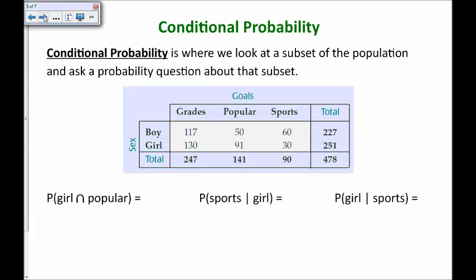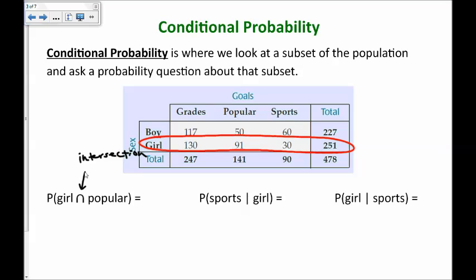Now we can look at some questions about this data. The first one we'll look at is girl intersect popular. This symbol is the intersection, and it means and. So what is the probability that a student is a girl and their primary goal is to be popular? Girls are here and the goal popular is here, so I'm looking at this 91.